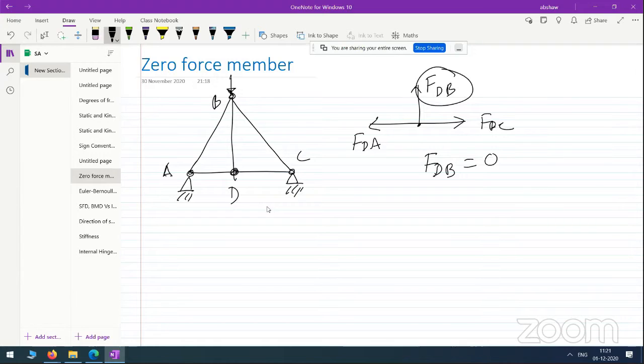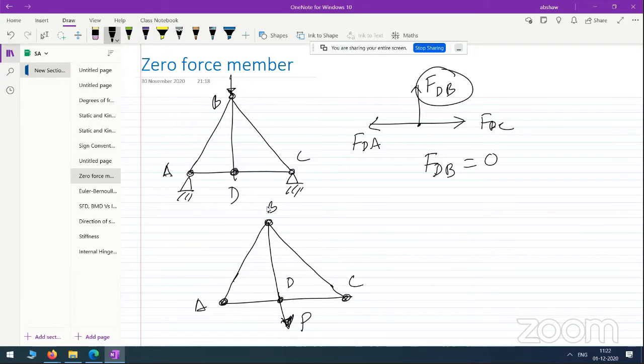Now in the same truss, if we apply a load, instead of the load at B, if we apply a downward load P at D. Now look at this truss, and this is your support condition, of course.